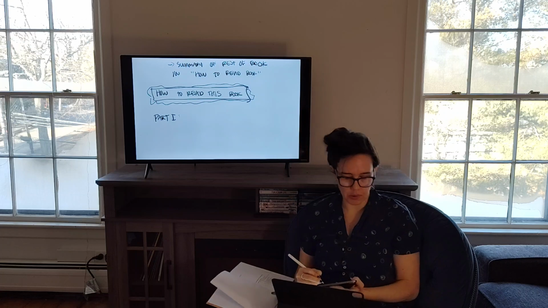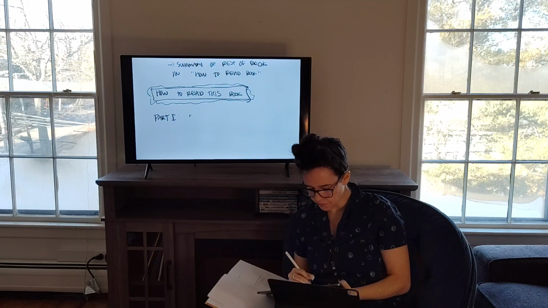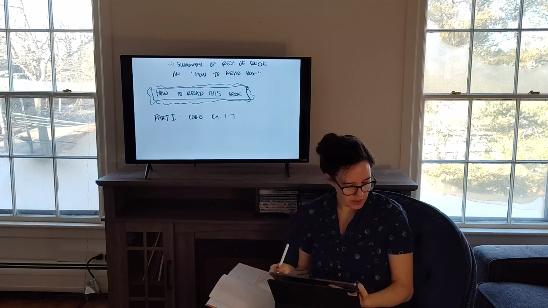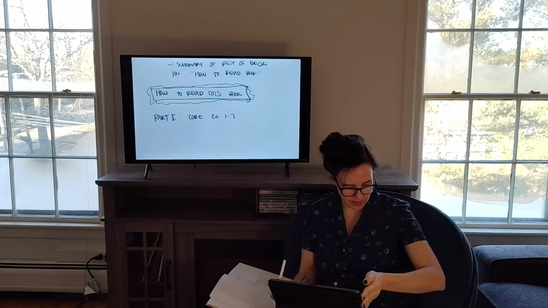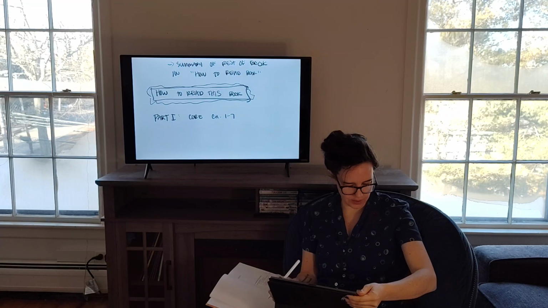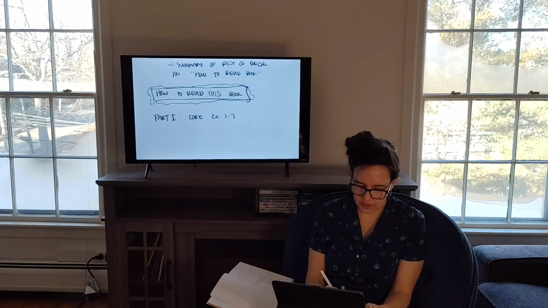The core subject of computability is chapters 1 through 7. And this is from the definition of Turing machines up to finite injury methods.